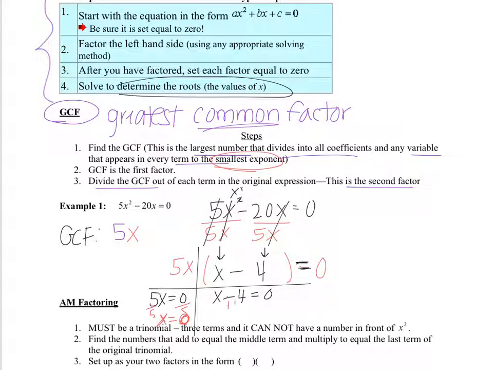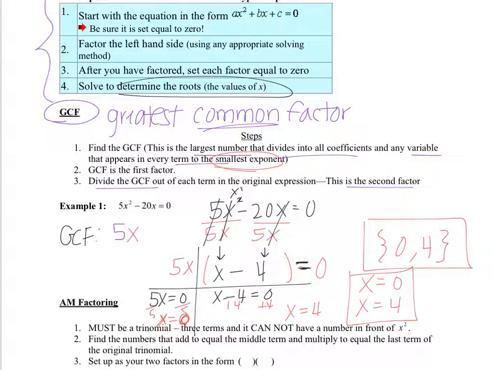And then in this case, I have to add 4. So I get x equals 4. So the roots we write in these little brackets as 0, 4. Or you can just say x equals 0, x equals 4, but sometimes they will ask you to write it as the set, which is here.